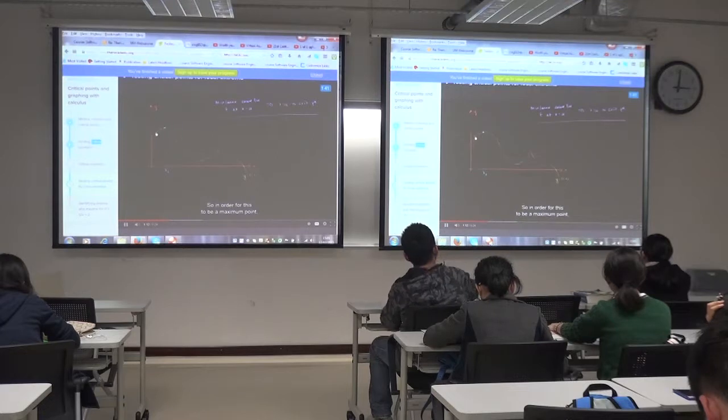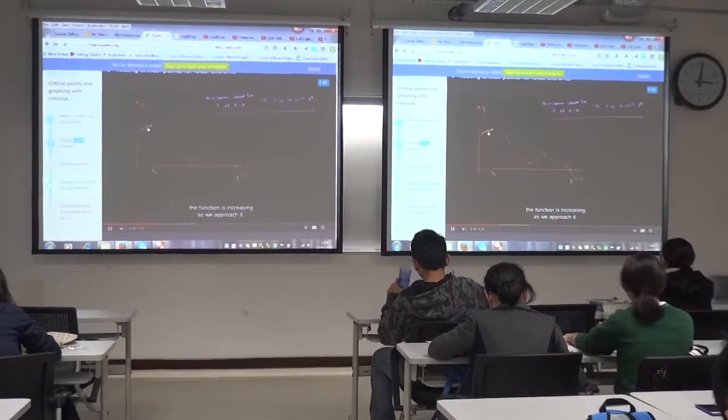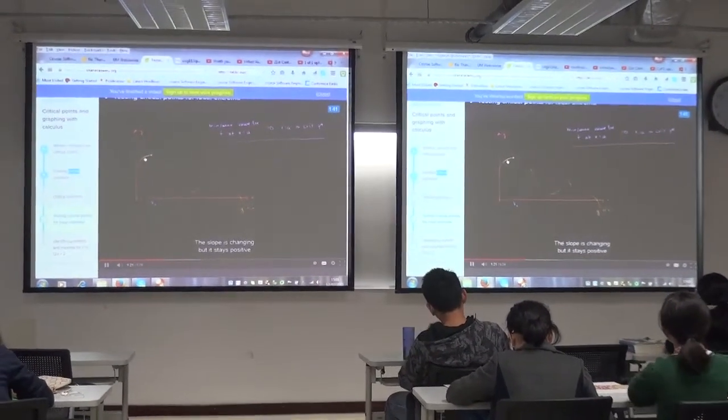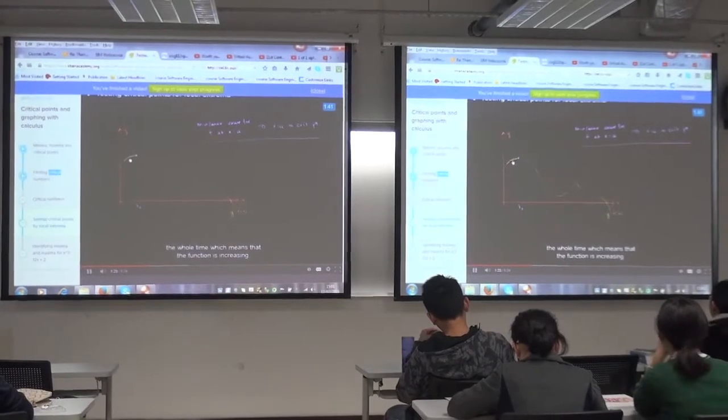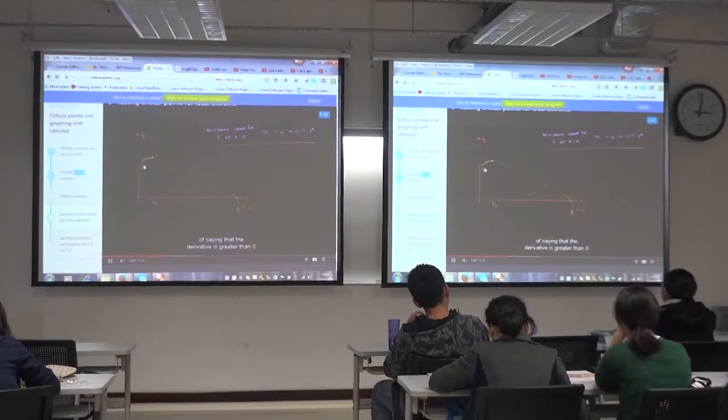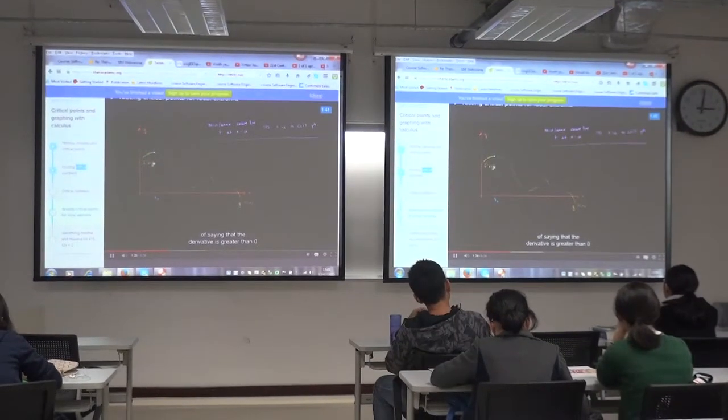In order for this to be a maximum point, the function is increasing as we approach it. The function is increasing is another way of saying that the slope is positive. The slope is changing, but it stays positive the whole time, which means that the function is increasing. And the slope being positive is another way of saying that the derivative is greater than 0 as we approach that point.